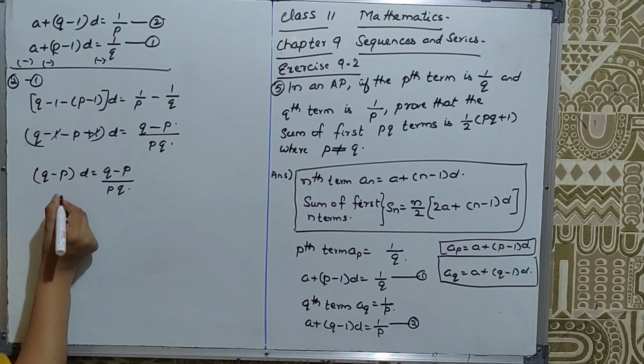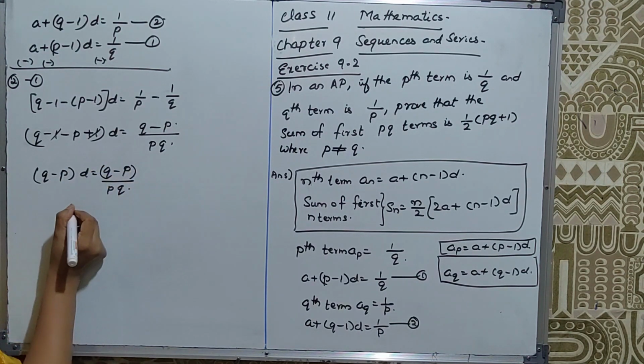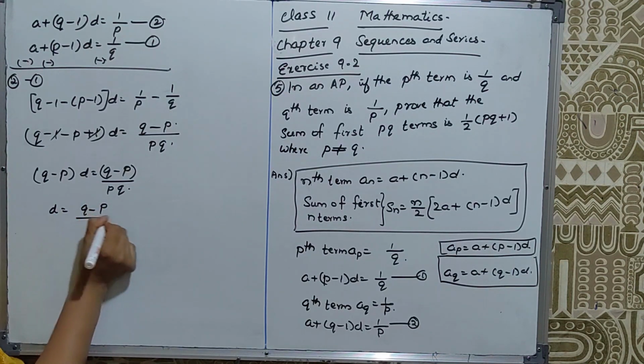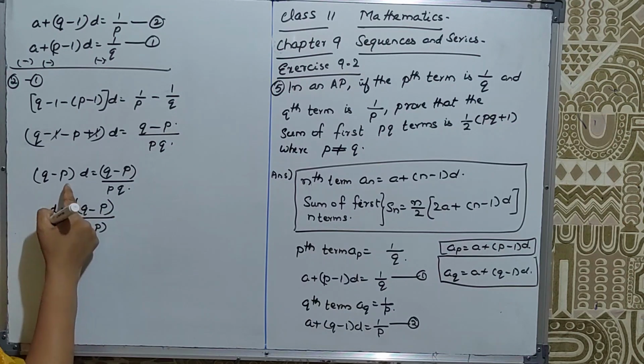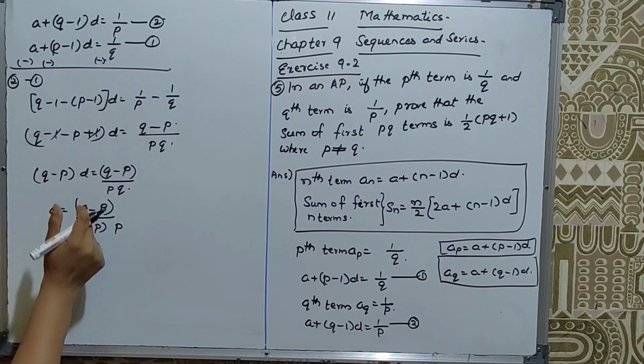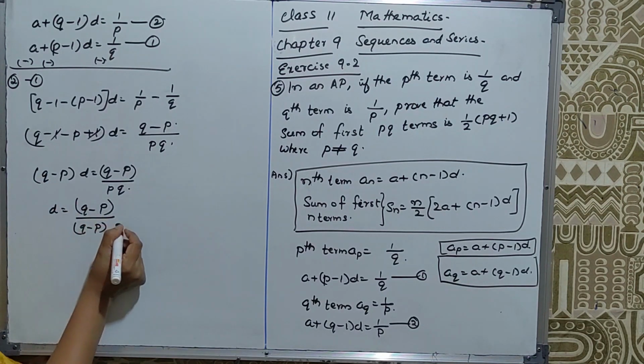Now either we can cancel q minus p and q minus p, or d will be equal to q minus p by q minus p into pq. This q minus p we took from left to right, so that multiplication will change into division.